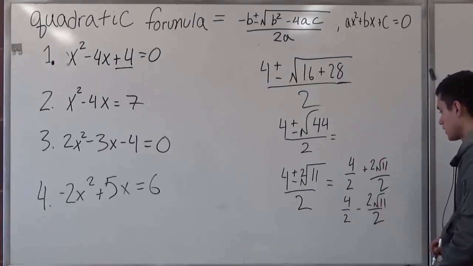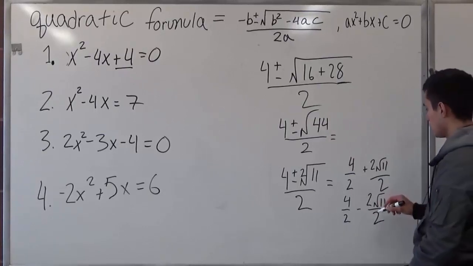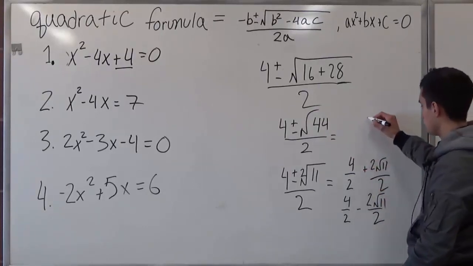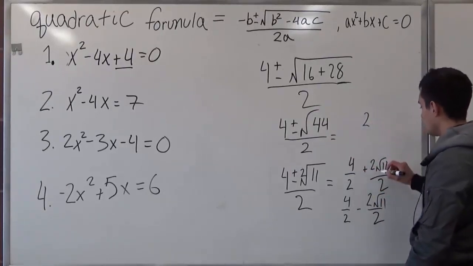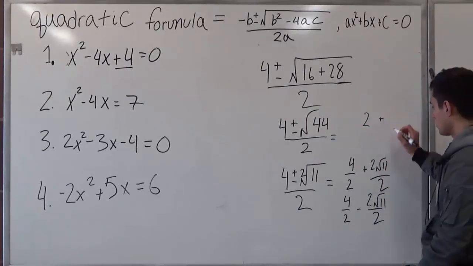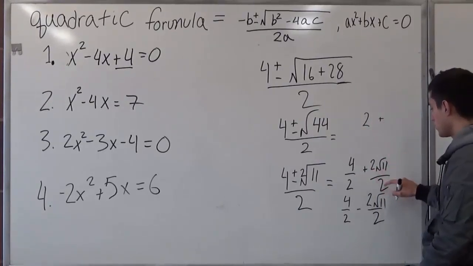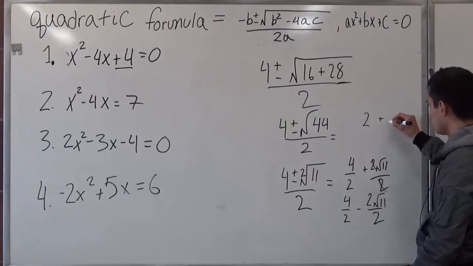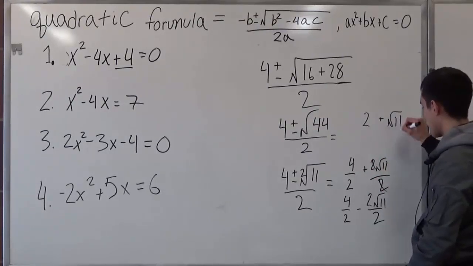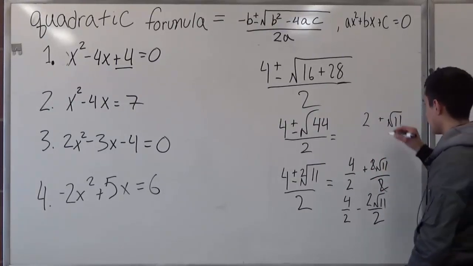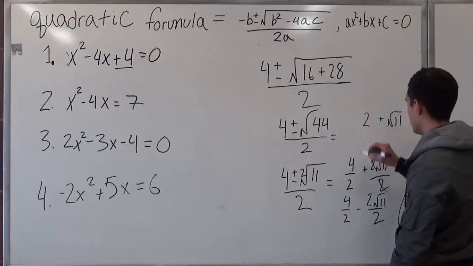What we know is 4 divided by 2 is 2. 2 divided by 2 is just 1. It cancels out. So it would be 2 plus radical 11 as one answer.